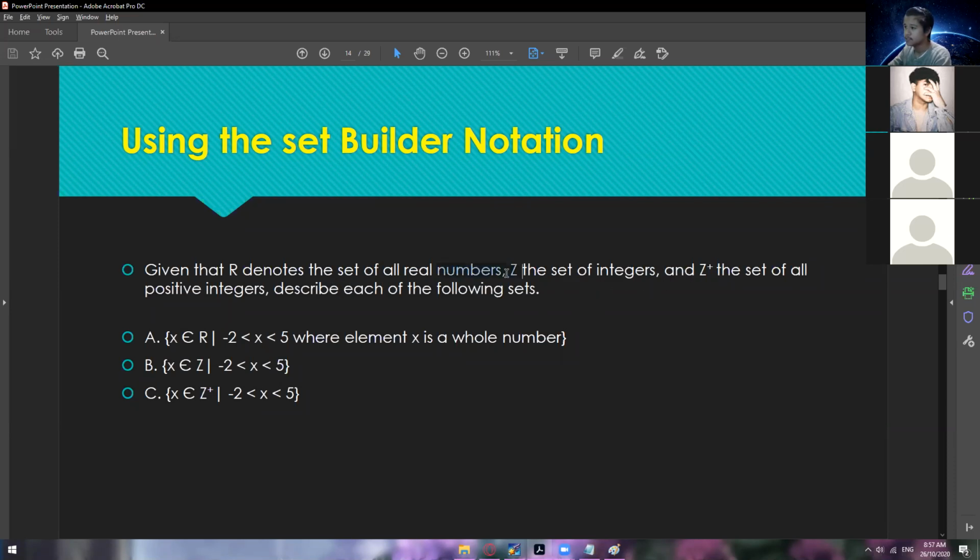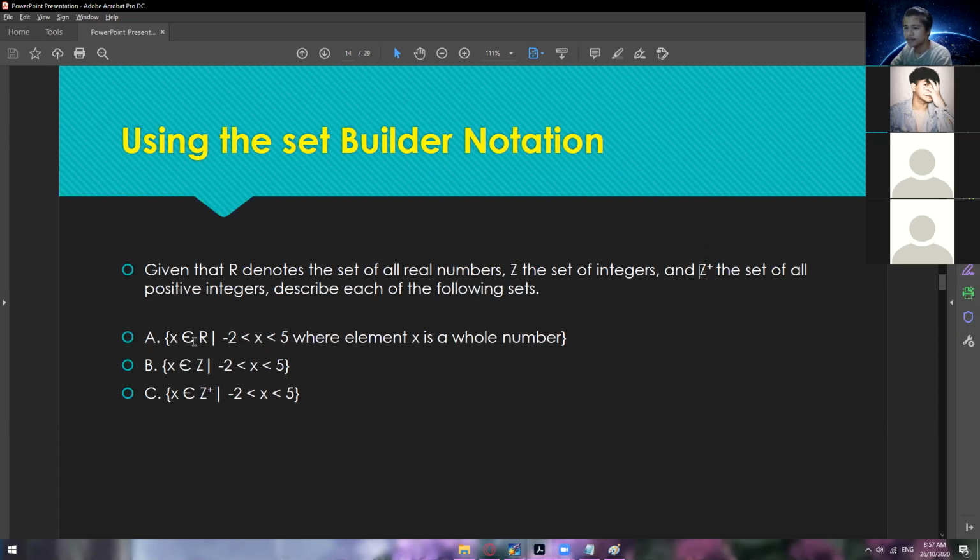So as you can see, Z is the set of all integers. Okay, it could be negative or positive. But in here, it indicates that Z plus is the set of all positive integers. Okay, so pag nakakita kayo ng ganito, Z raised to plus, so this one is a set of all positive integers. Okay, so we have here letter A.